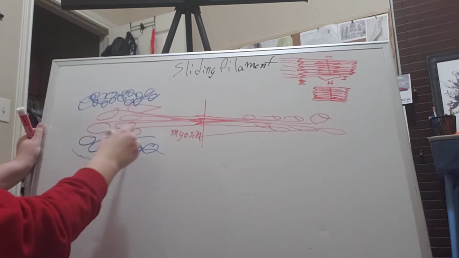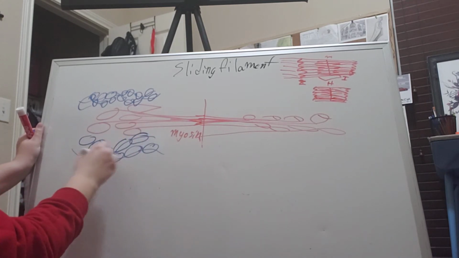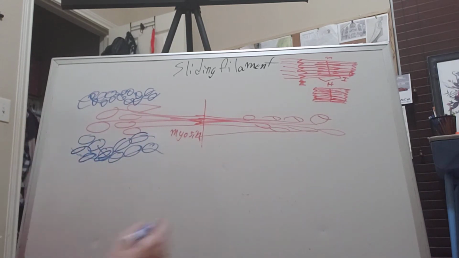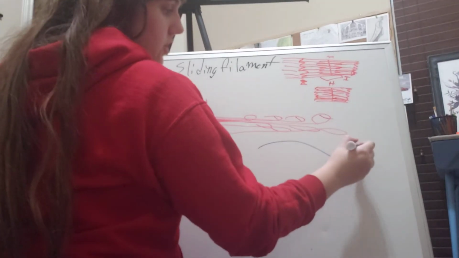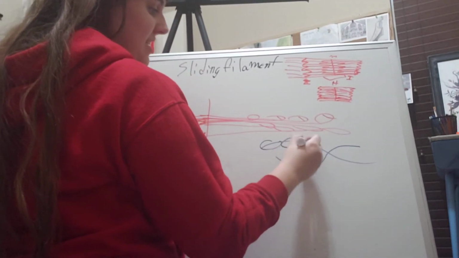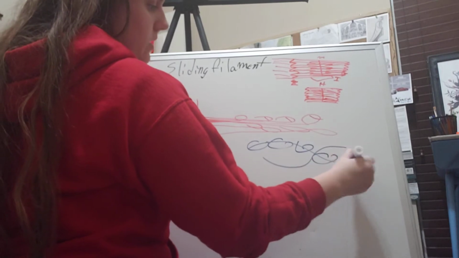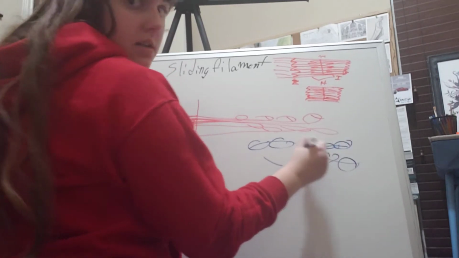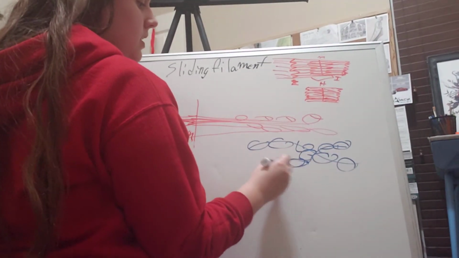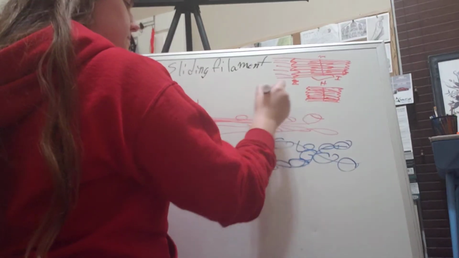The thing about actin and myosin, these two myofilaments, is that they love each other, is the best way to describe it. They want to be near each other, they want to connect. But there is something that is preventing them.